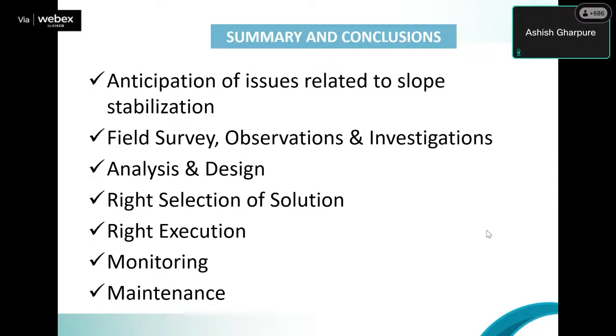So rigid to rigid, flexible to flexible, even those kinds of finer details do matter. Right execution of it. A good solution with poor execution is of no use, right? And as always, I mention that monitoring is still necessary, and maintenance for long-term survival is necessary.